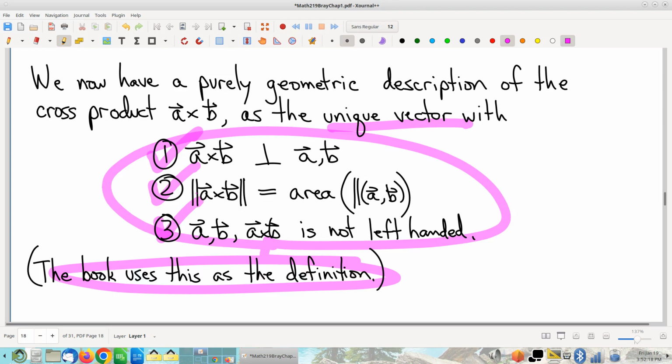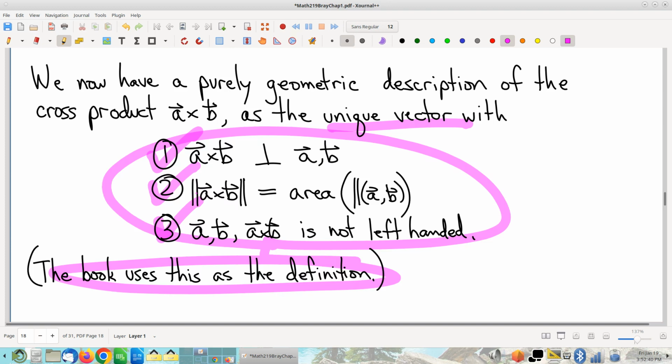And these are three of the several properties that we've talked about. So I wrote down a formula, and then I proved these properties. The book assumes these properties as the definition, and then derives the formula from that.